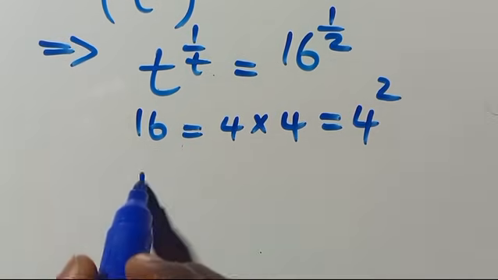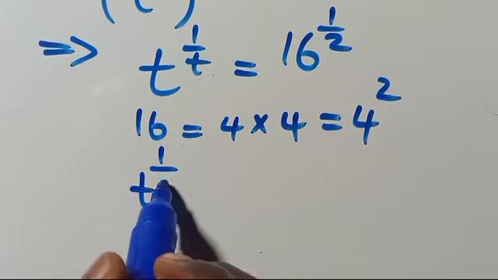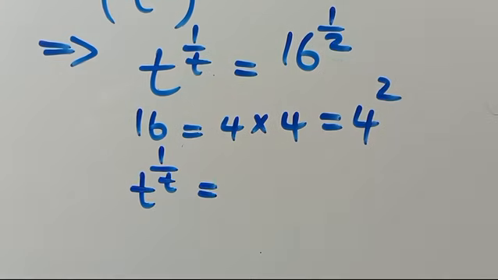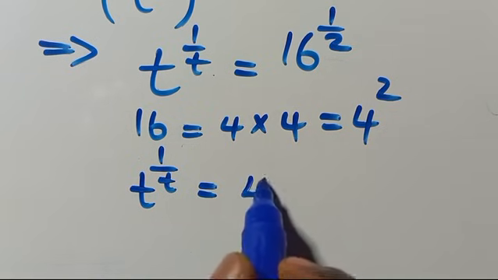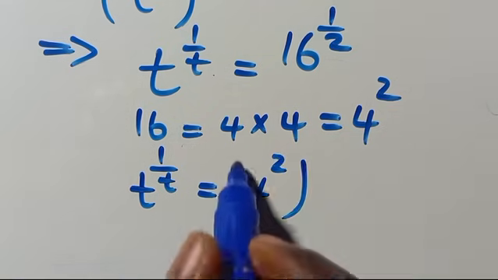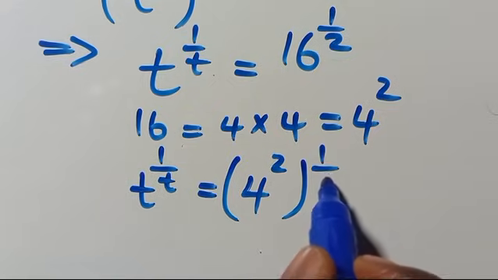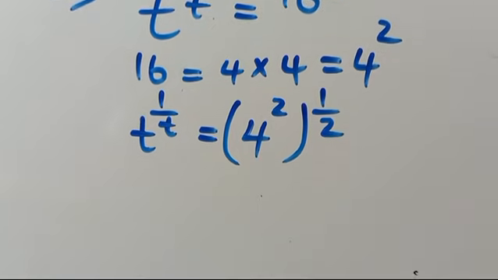So from here we have t to the power of 1 over t equals 4 squared to the power of 1 over 2.